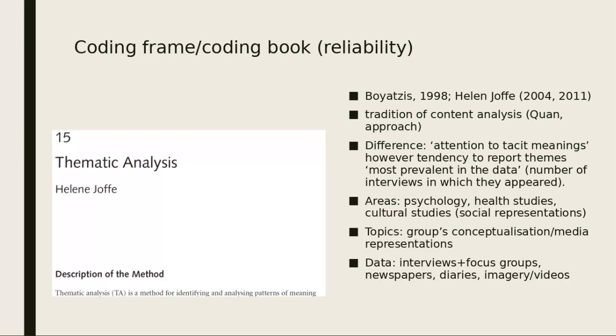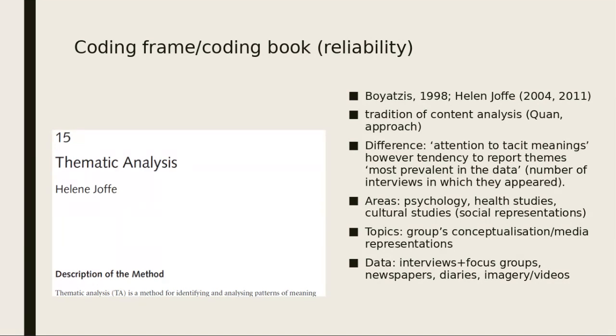So this particular approach, the coding frame or using a coding book or reliability, has stemmed from that tradition of content analysis. They will say there is a difference, however, which is attention to tacit meanings. So they are alerting us that they are actually interested in those tacit meanings. However, there is a tendency in reporting the themes that emerge from this analysis as being the most prevalent in the data.